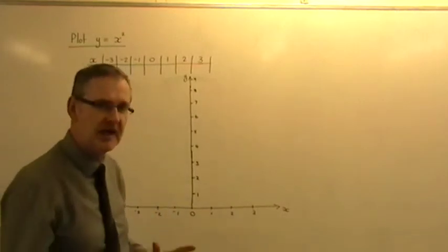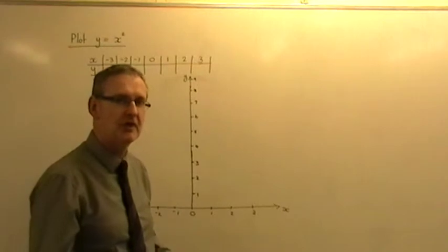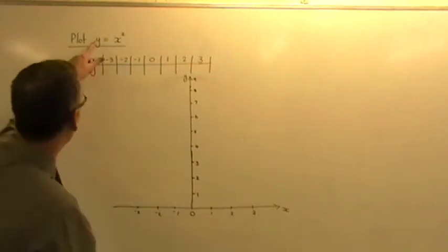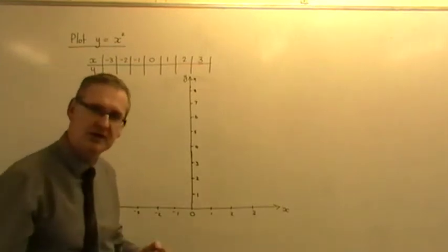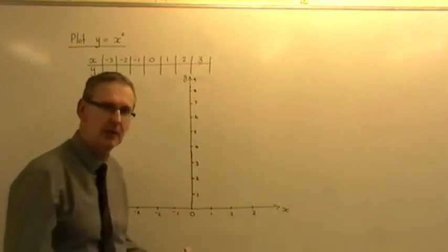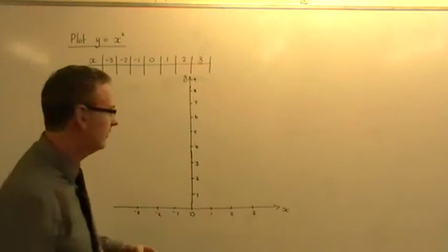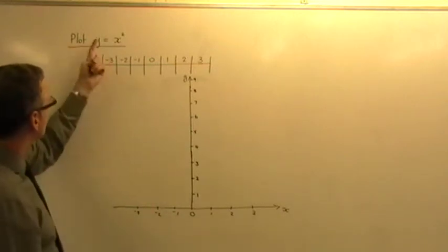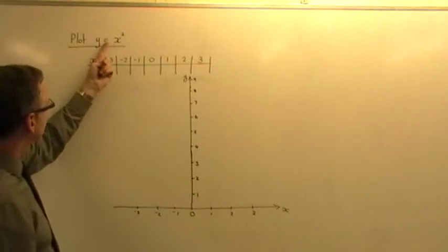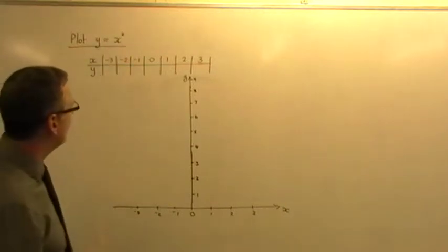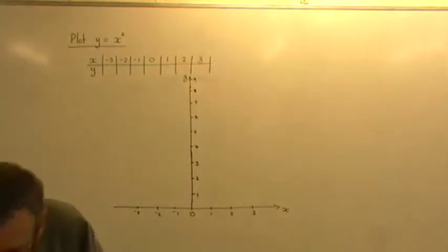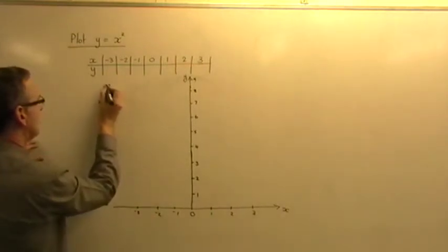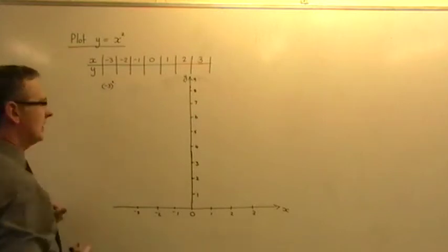Okay, so this is how we work out the points to plot to draw the graph of y equals x squared. Y equals x squared is the name or the equation of the curve that we're going to get, this quadratic curve. If x is minus 3, then the y value will simply be minus 3 squared. Underneath here, I'll write down minus 3, and I'm going to square it.